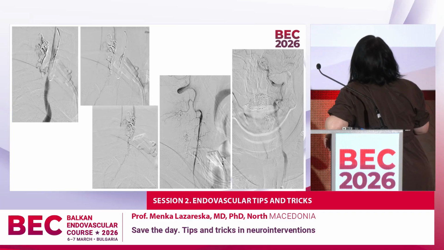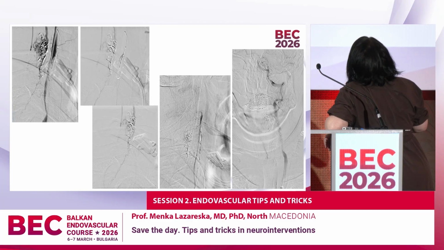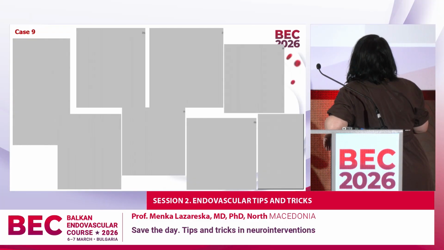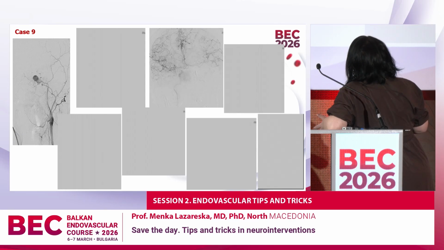I don't know where it is. Here is that video before. That was the most distal part where we could go with a microcatheter because of the tortuosity. We tried so many times, but it's a good result.